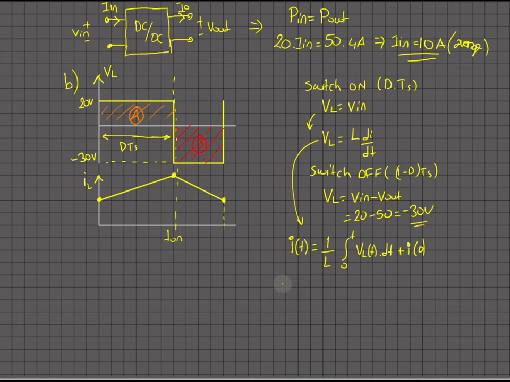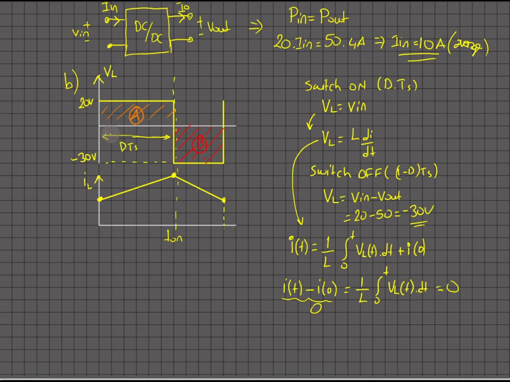Or I at t minus I0 is equal to 1 over L, integral from 0 to t of VL dt. If that one is 0, which is the assumption for the steady state, so I start with some current and I end up here, then I start the same cycle again, so it just goes on and off. That means the integral should be 0, which means area A, the orange area, is equal to area B.